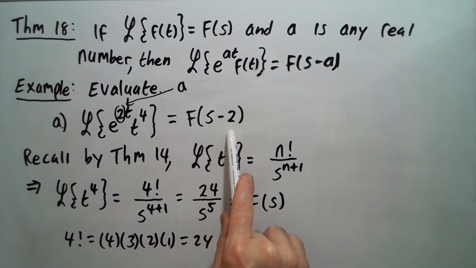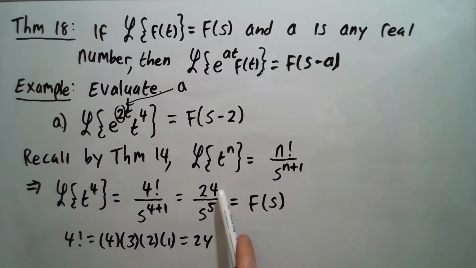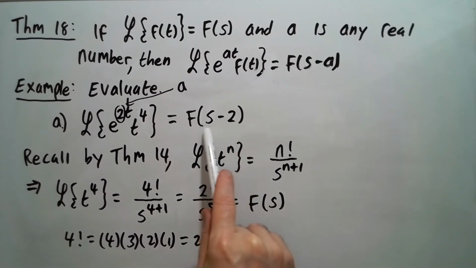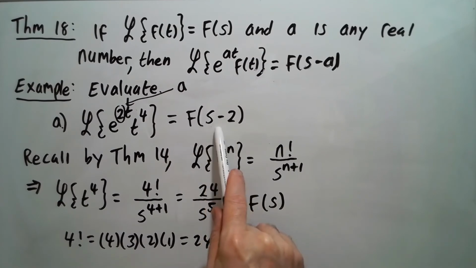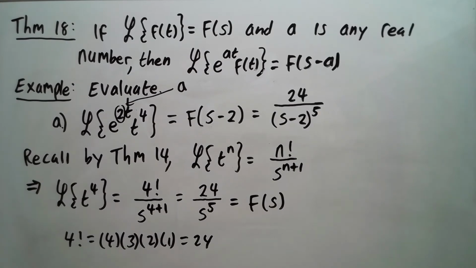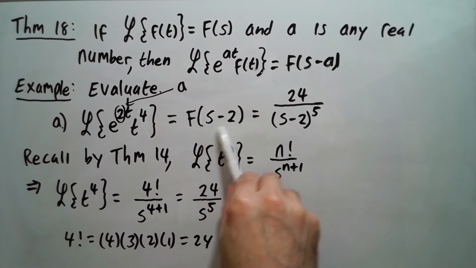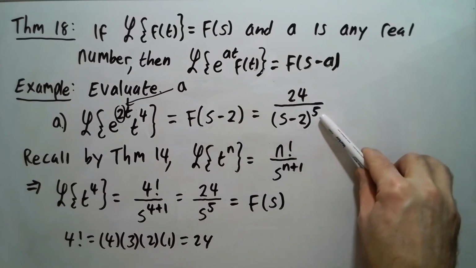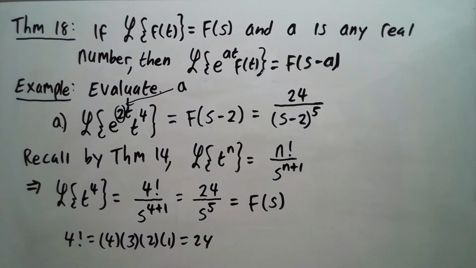And the big F they're talking about in our case is the 24 over s to the fifth. So pretty much in place of s, you're going to replace it with s minus 2. So replacing s down here with s minus 2, we'll have 24 over s minus 2 to the fifth. So that'll be our answer. Okay, so we're done with A here.